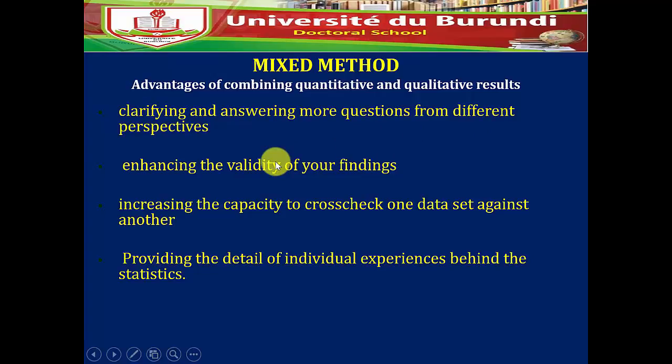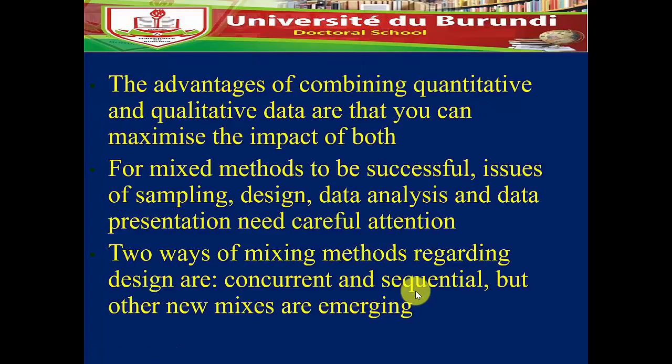You are getting from the quantitative, you are getting from the qualitative. And it enhances the validity of the findings. And it allows you to cross-check one data set to another. And it provides the details of individual experiences behind the statistics. So you join them in mixed methods to maximize the impact of the two of them.